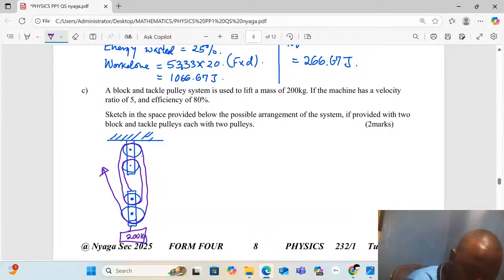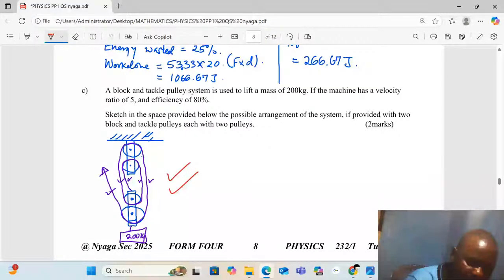So this becomes the first, the second, the third, the fourth. And since this one is facing upward, it becomes the fifth. So you can say this one is correct.